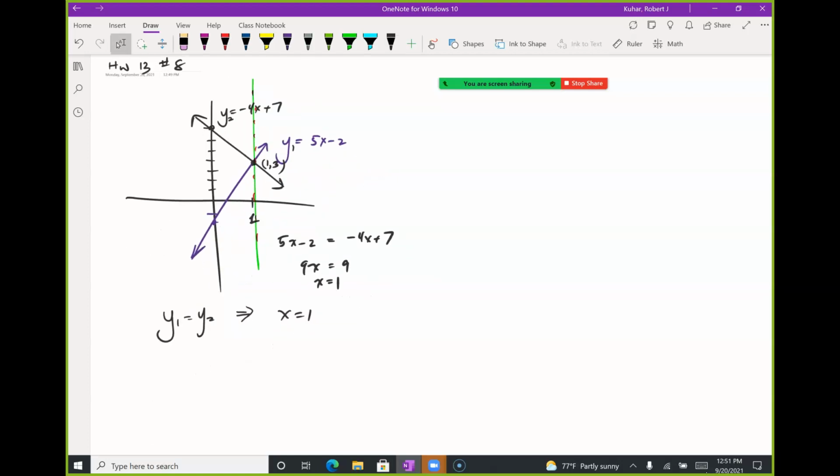So for example, when is y2 less than y1? And for me, that's me saying when is the purple line above the black line, or when is the black line below the purple line? And so you can see that that's going to be anywhere to the right, and we're talking about from 1 to infinity. So we're trying to answer with subdomains of the x's.